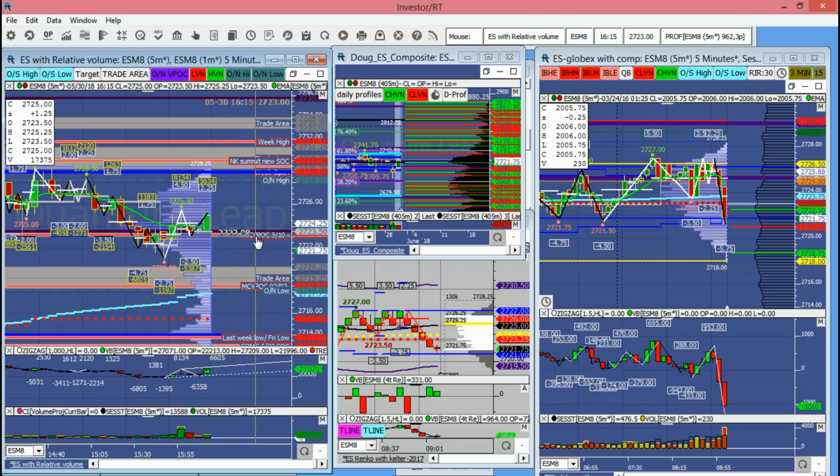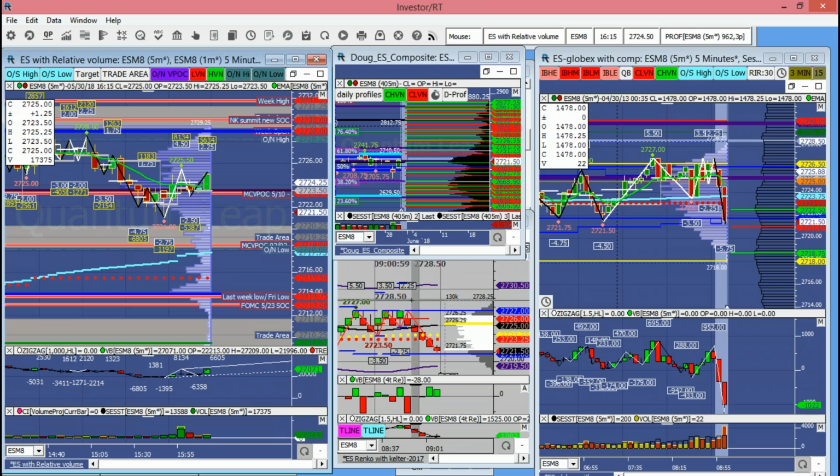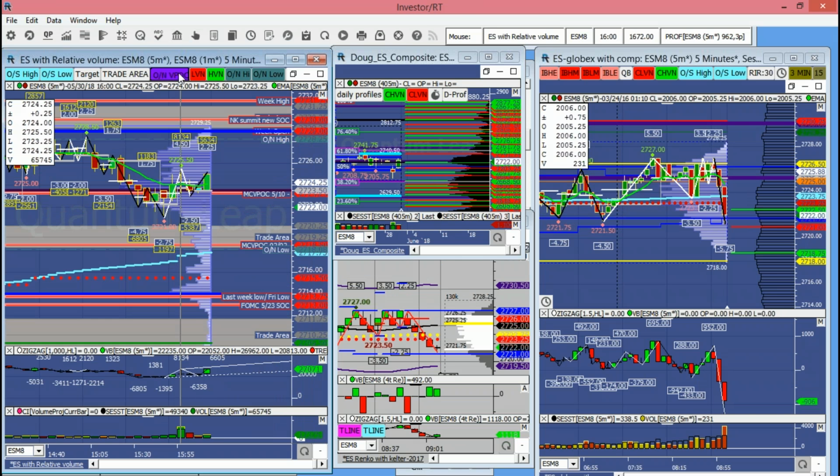I've shifted the microcomposite VPOC, it should be from the 9th, not the 10th, but it's shifted to the 23 area. Our overnight VPOC could shift again, but right now it is sitting at 25 and a quarter.